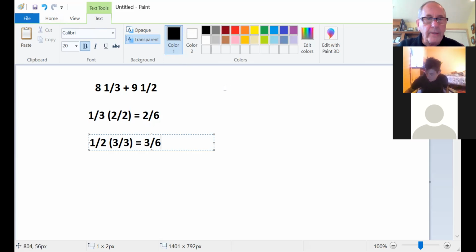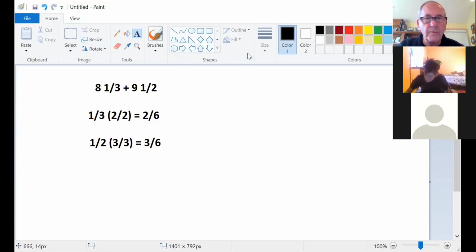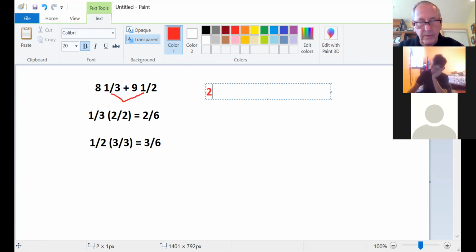So now I can rewrite this. I can look at just my fractions and add the fractions together. I've got them in this form down here, so it becomes pretty simple. It becomes 2/6 plus 3/6, and so the numerators can be added together.